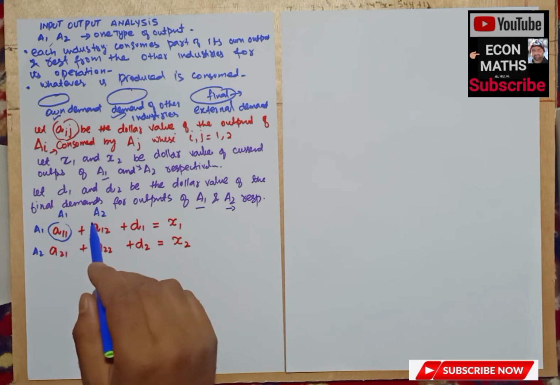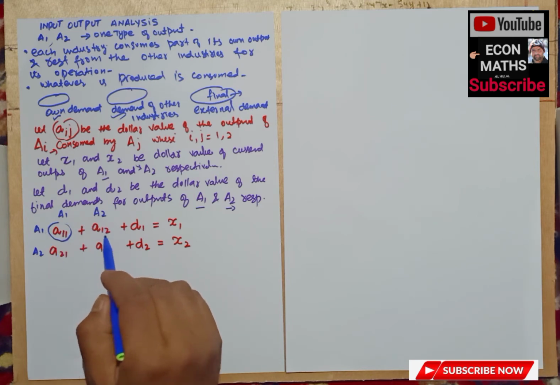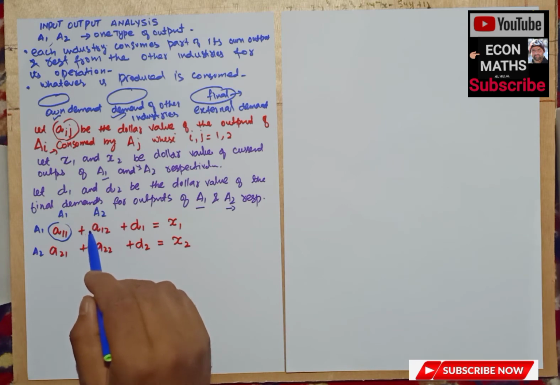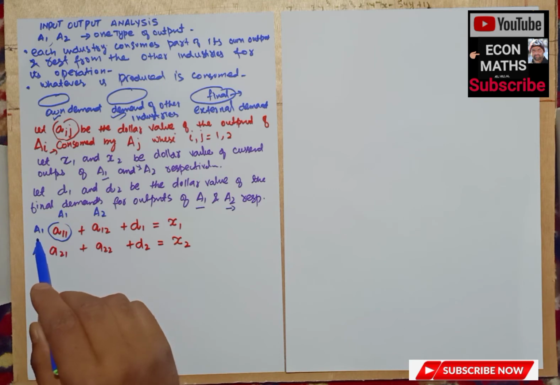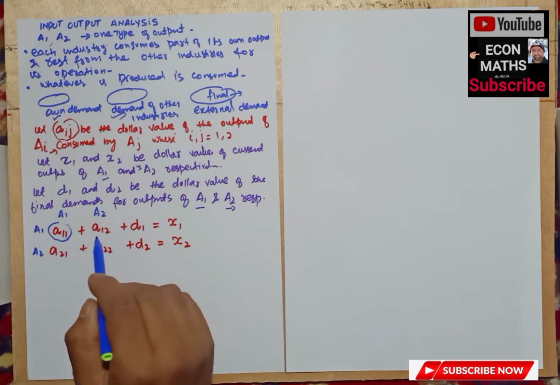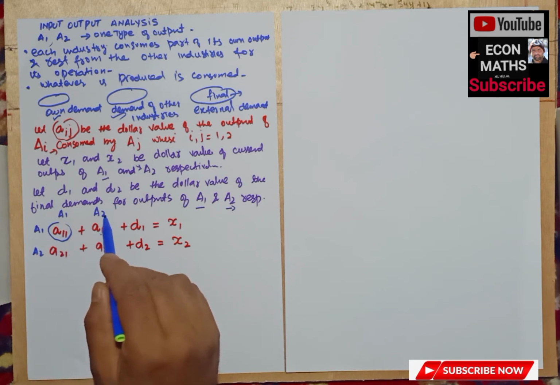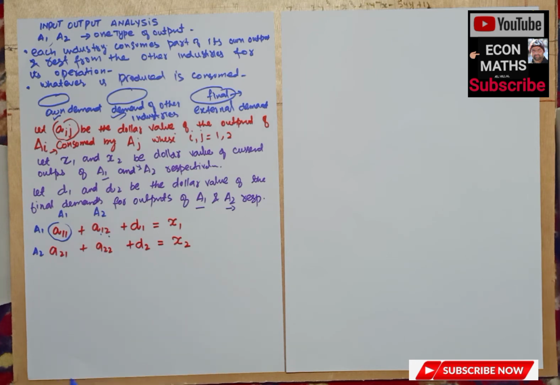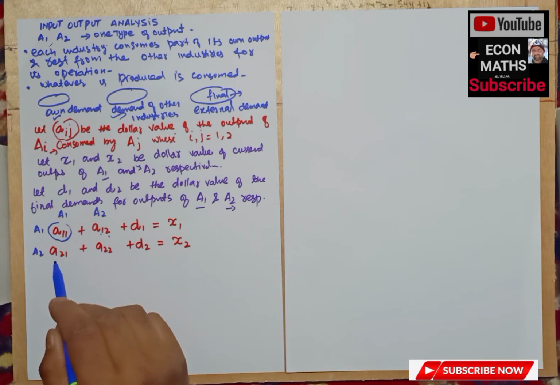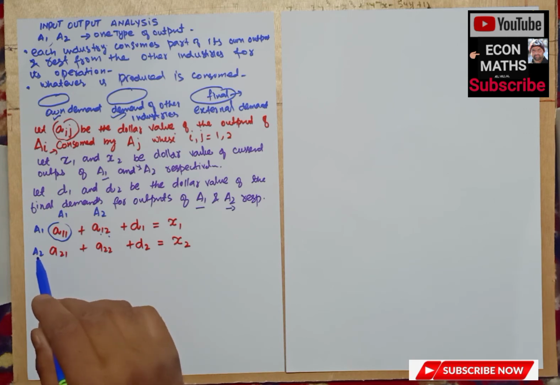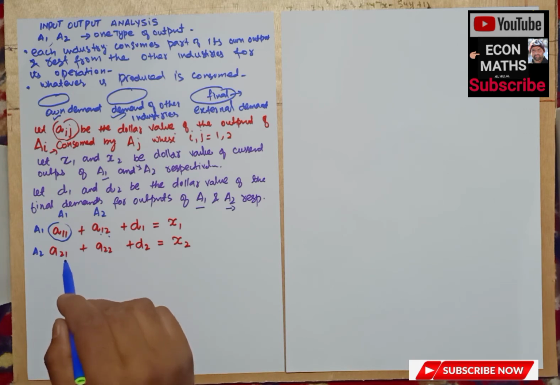Similarly, this A12 tells us the dollar value of output of industry A1 consumed by industry A2. Similarly, this A21 tells us the dollar value of the output of industry A2 consumed by industry A1.